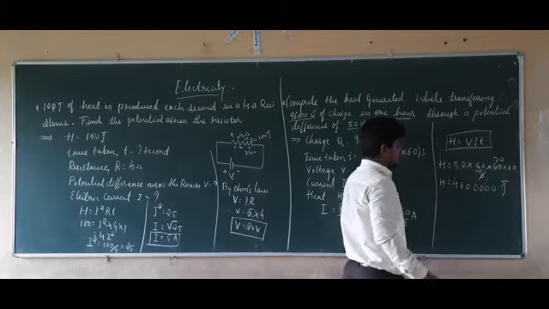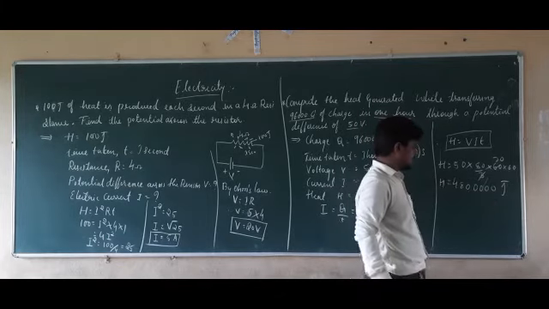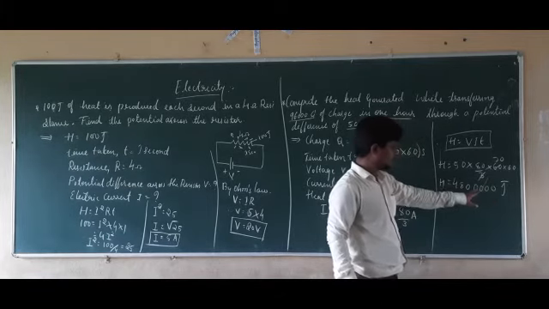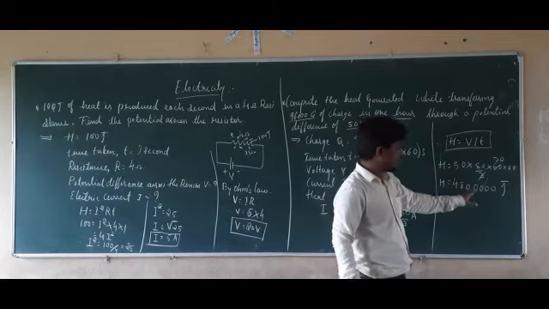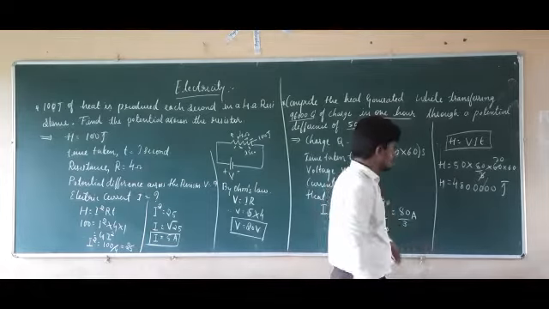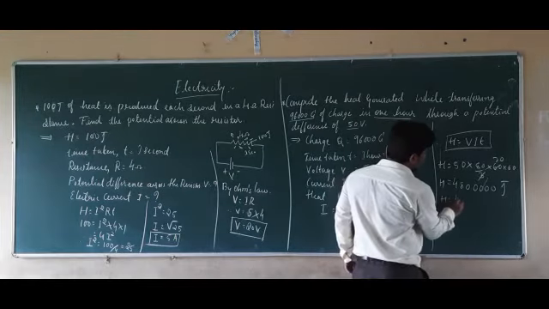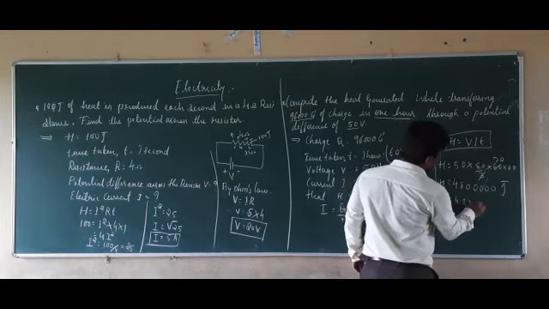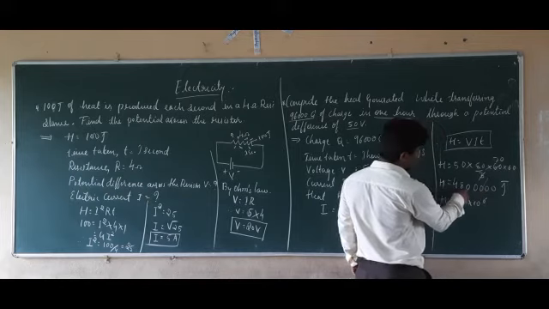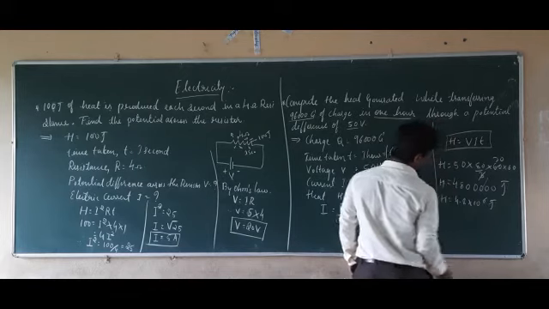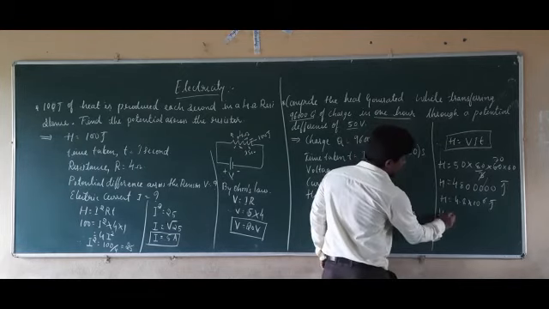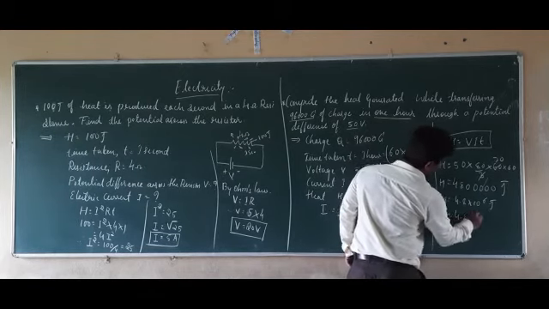Therefore H equals 4800000 joules. So you can write H equals 4.8 into 10 raised to 6 joules. Right? Or you can write H equals 4.8 megajoules.